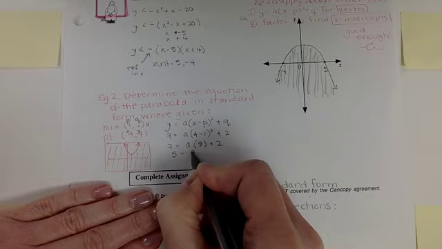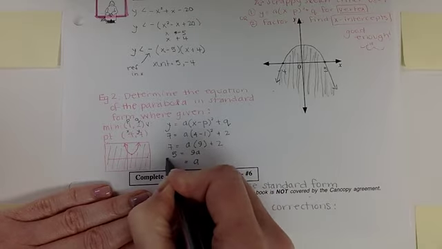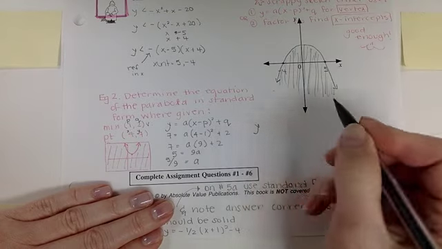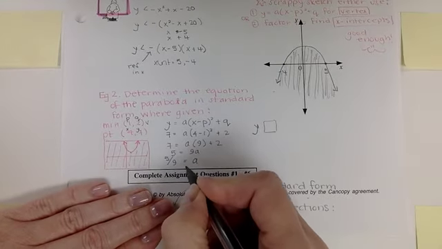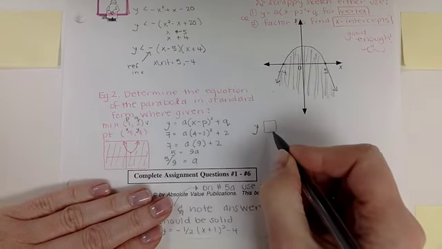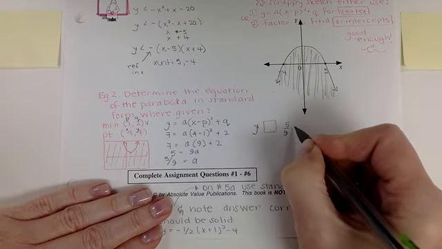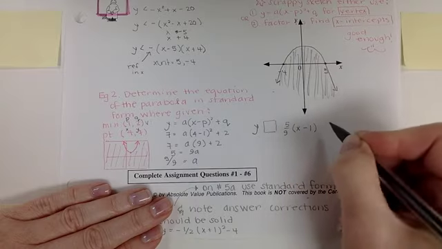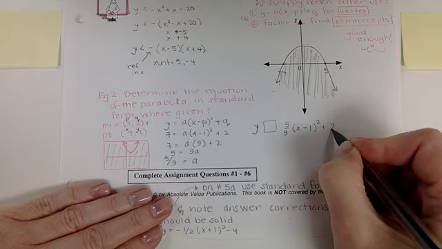So 5 equals 9a, divide by 9, divide by 9. a equals 5/9. So then my equation is going to be y, and I don't want equals necessarily. I'm going to think about that in a second. So y, and then a is 5/9 x minus my vertex 1, bracket squared plus 2.